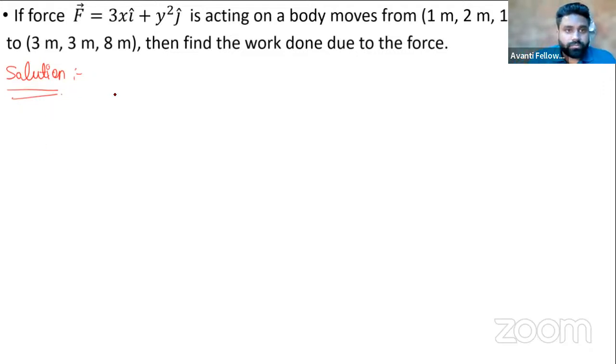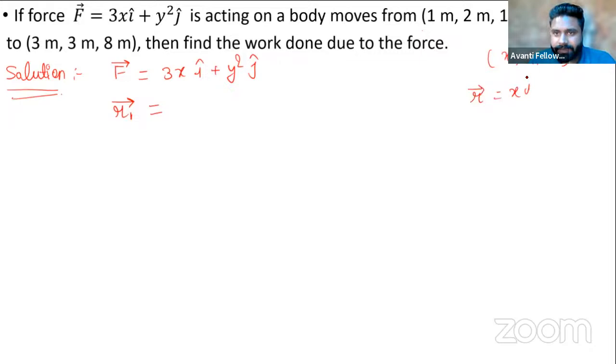Okay. So the expression given to you, force is equal to 3x i cap plus y square j cap. This is the initial position coordinate given to you, let's say r1 vector. You can form it from the coordinates, because if x, y, z are the coordinates, then the position vector will be x i cap plus y j cap plus z k cap.